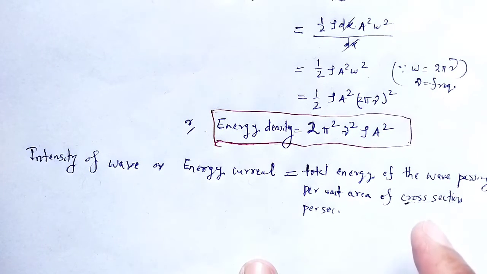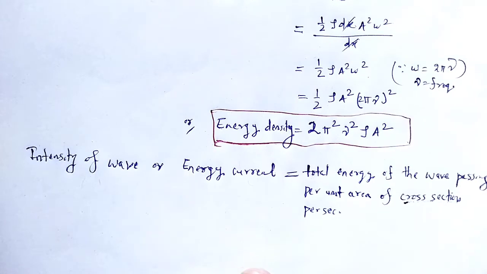Energy density is the energy contained in a cylinder of unit length and unit area of cross section, and the wave travels with velocity v, that is v in 1 second.